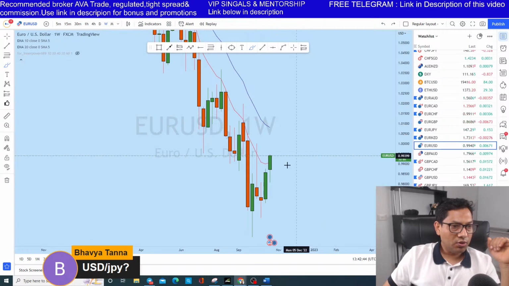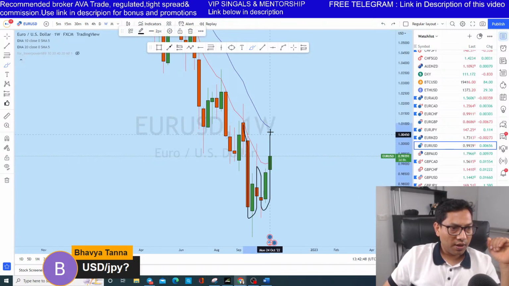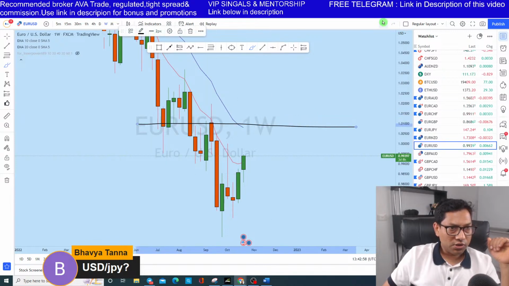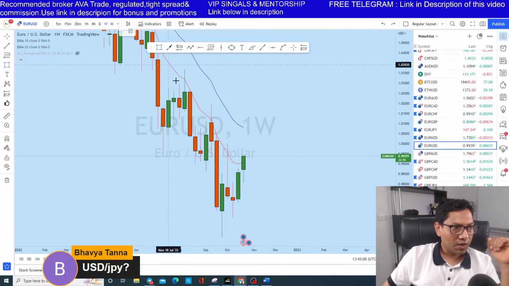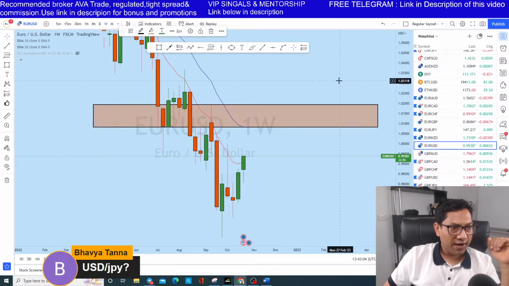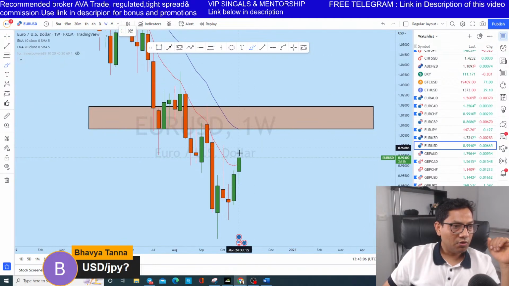Now as you can see, this is a double bottom and then a push up. So what I think is that the price might go to some level along this zone, okay, because you can see that there is a long candle here, and from that zone I think that Euro dollar will have a reversal.